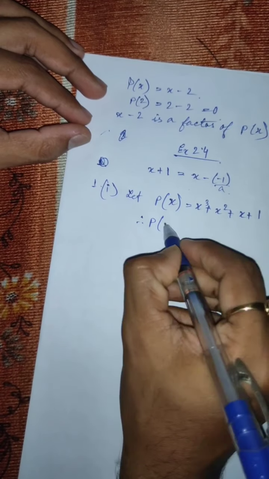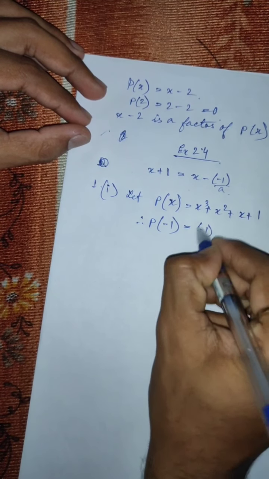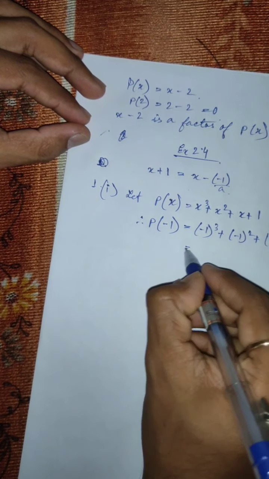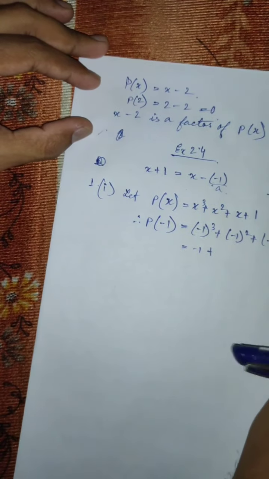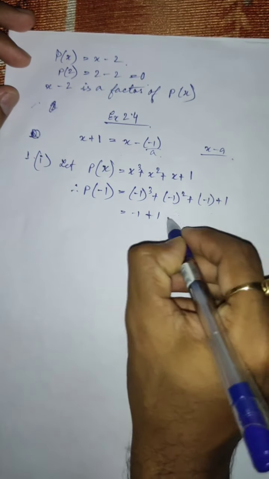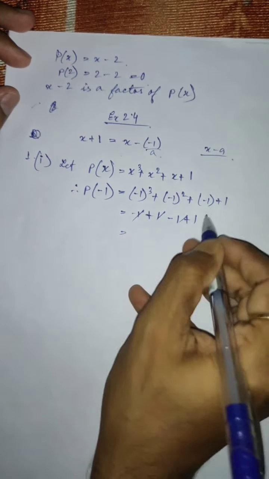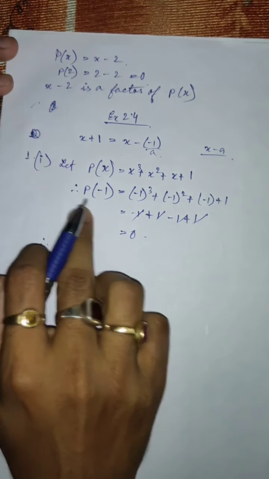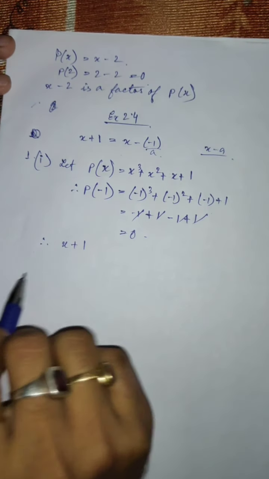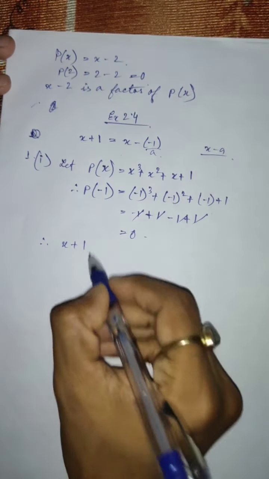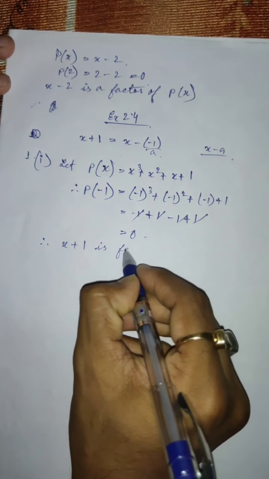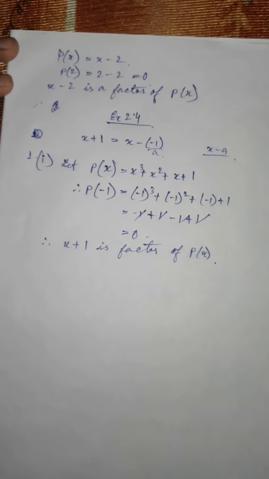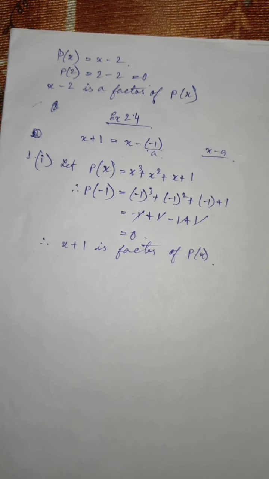Therefore p(minus 1) is minus 1 cube minus 1 square minus 1 plus 1, and the result is 0. Therefore, according to the factor theorem, if p(a) equals 0, then x minus a is a factor of p(x). So you can say x plus 1 is a factor of p(x). This way you have to do the others.